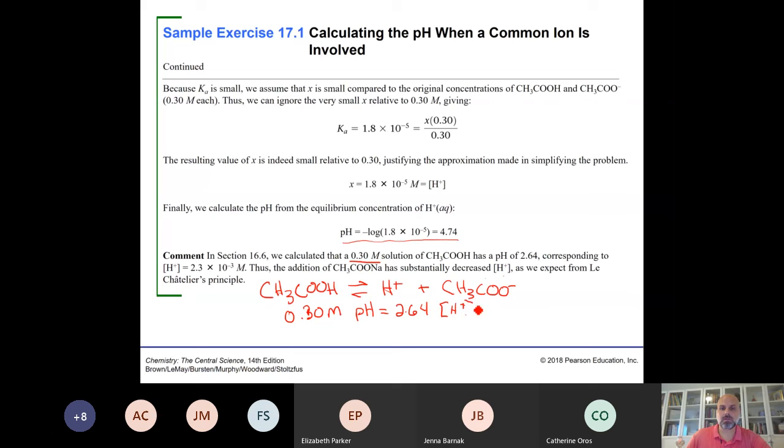Our proton concentration is equal to 2.3 times 10 to the minus third.